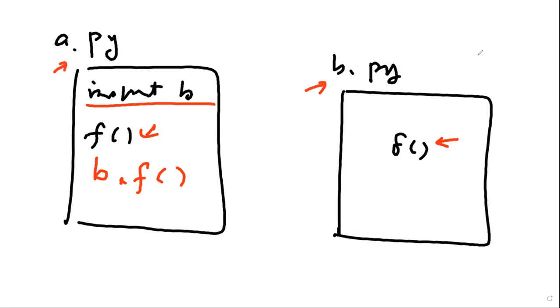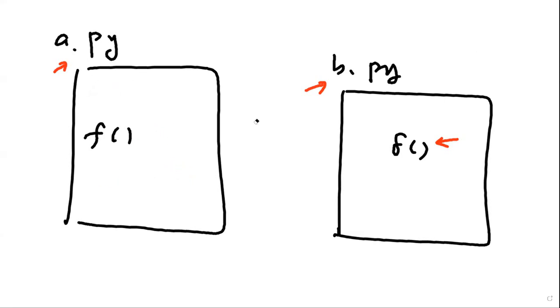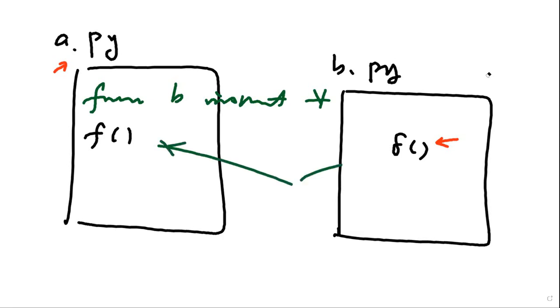Sometimes you don't import B. If you don't import B, and you say from B import star, then these two functions actually have collision.